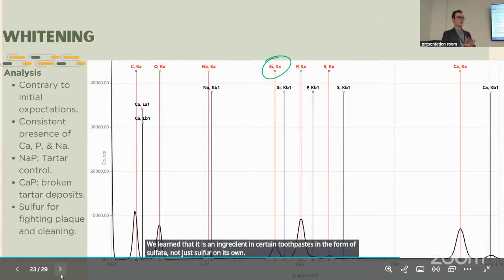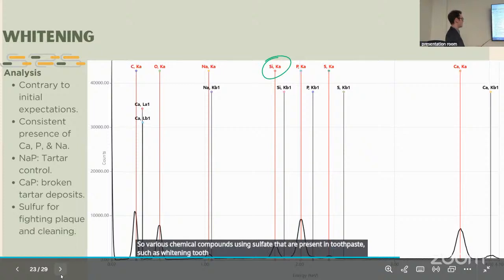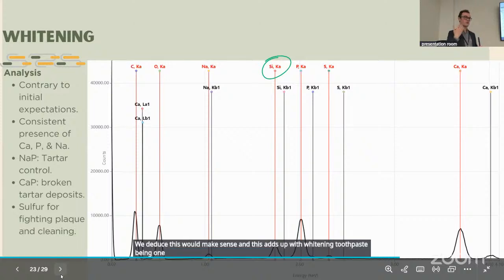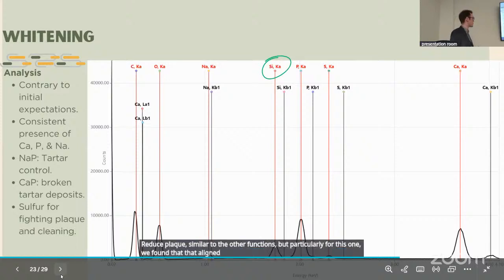Various chemical compounds using sulfate that are present in toothpaste, such as whitening toothpaste, can be used for fighting plaque and general cleaning of the teeth. So we deduced this would make sense, since whitening toothpaste is one where you're trying to clean the surface of the tooth and reduce plaque, and that aligned with our expectations of the function of this particular toothpaste.